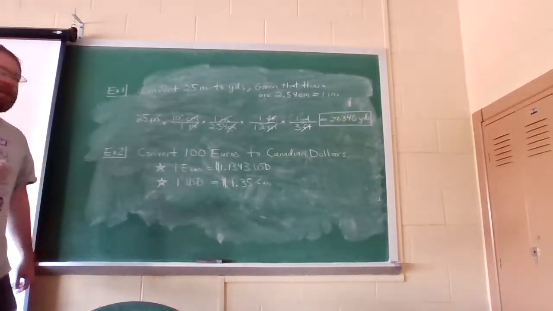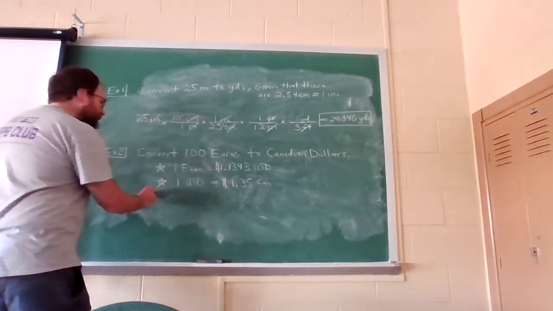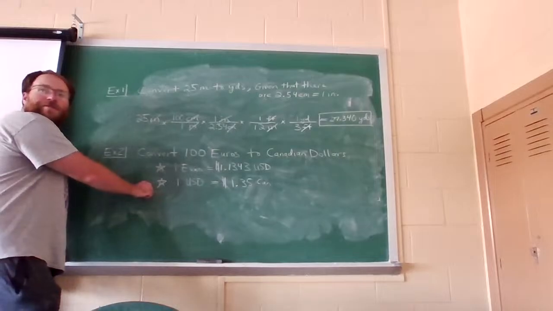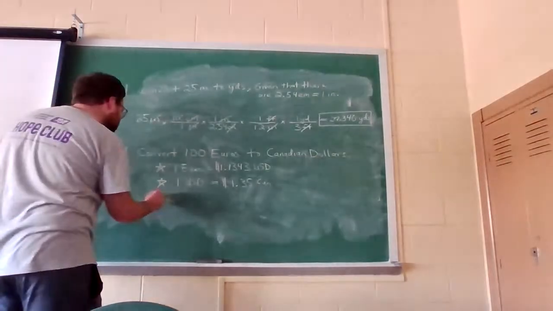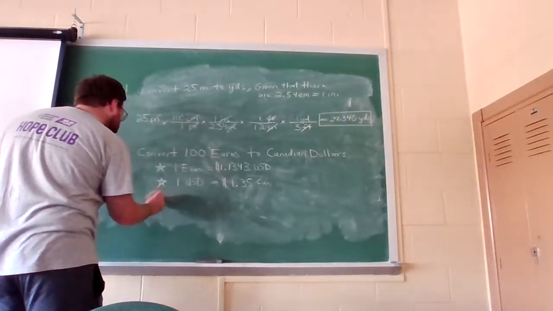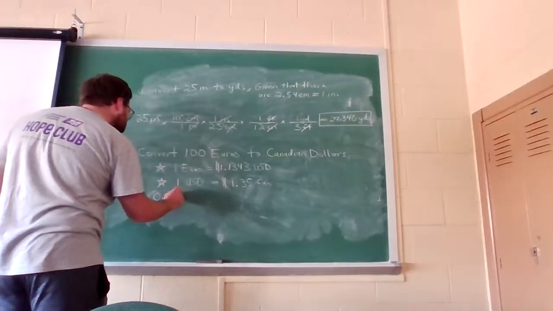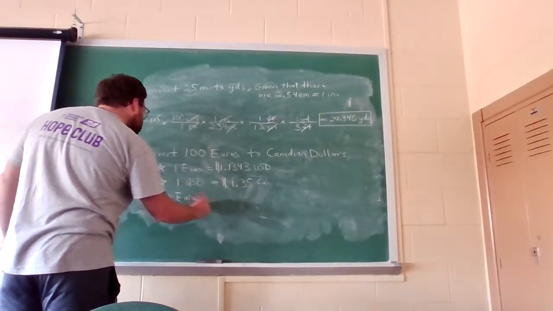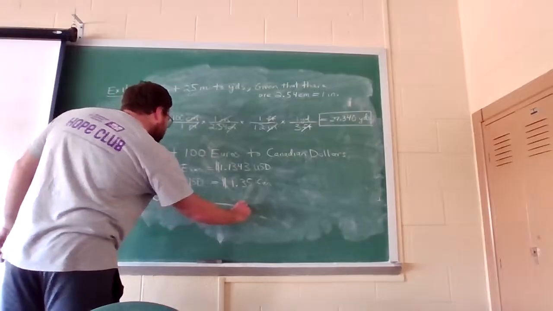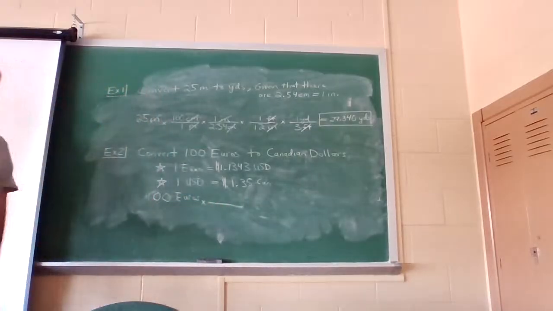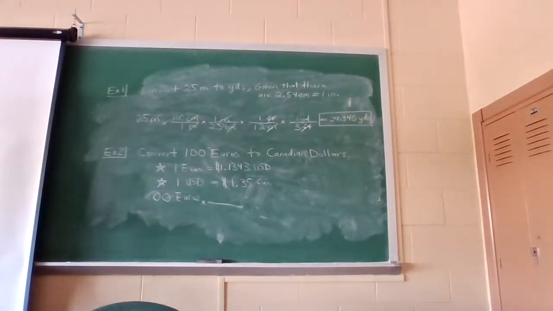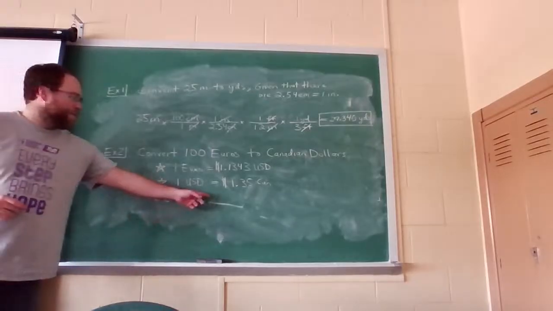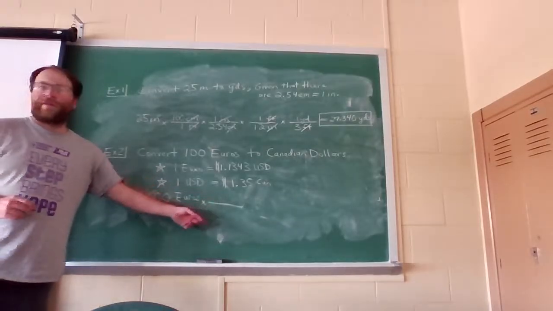So then, just so we have the work up here, start with 100 euros, right? So then if we want to get rid of euros, euros would need to go on the bottom.